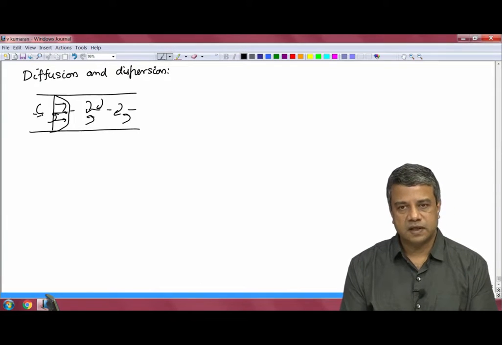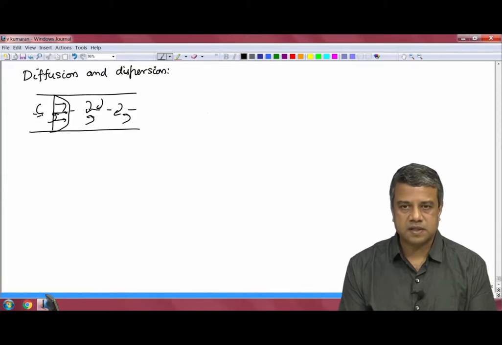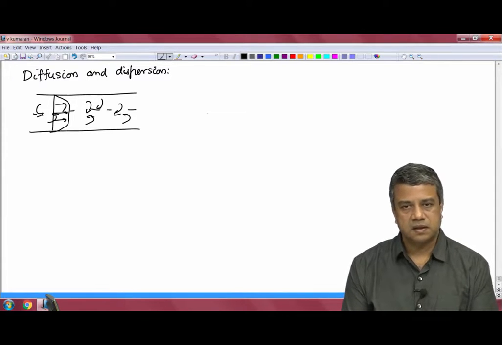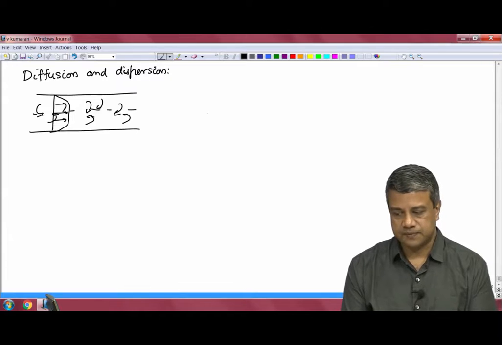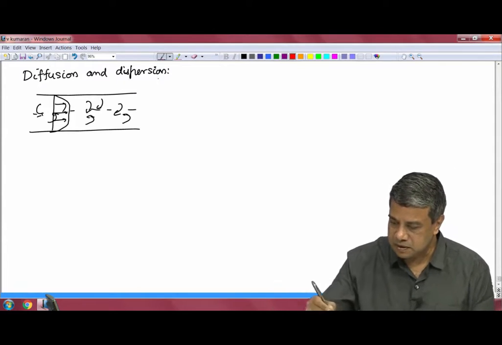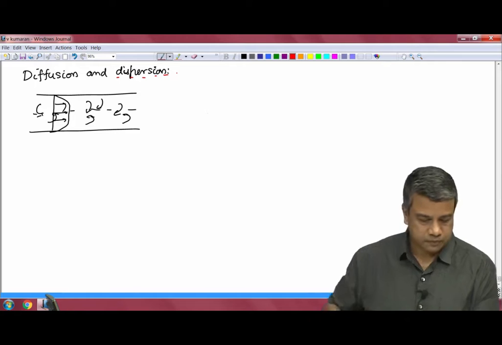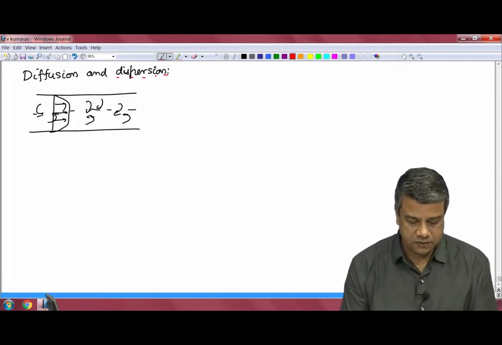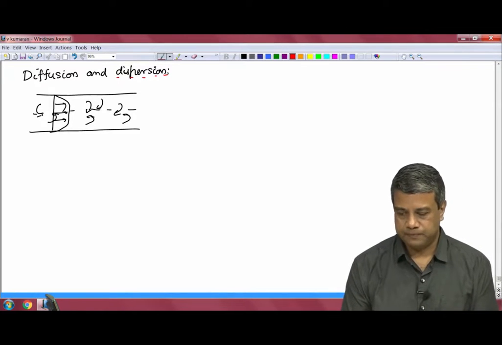But when there are variations in concentration or temperature, they can transport soluble species or energy. And that mechanism is what is called dispersion. So, we will first look at diffusion and then we will look at dispersion.